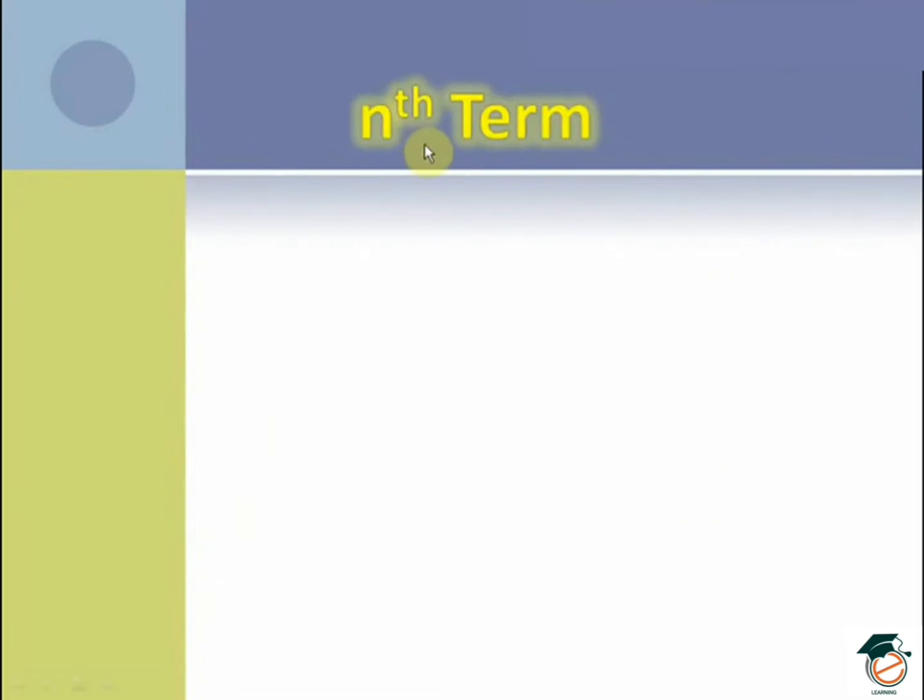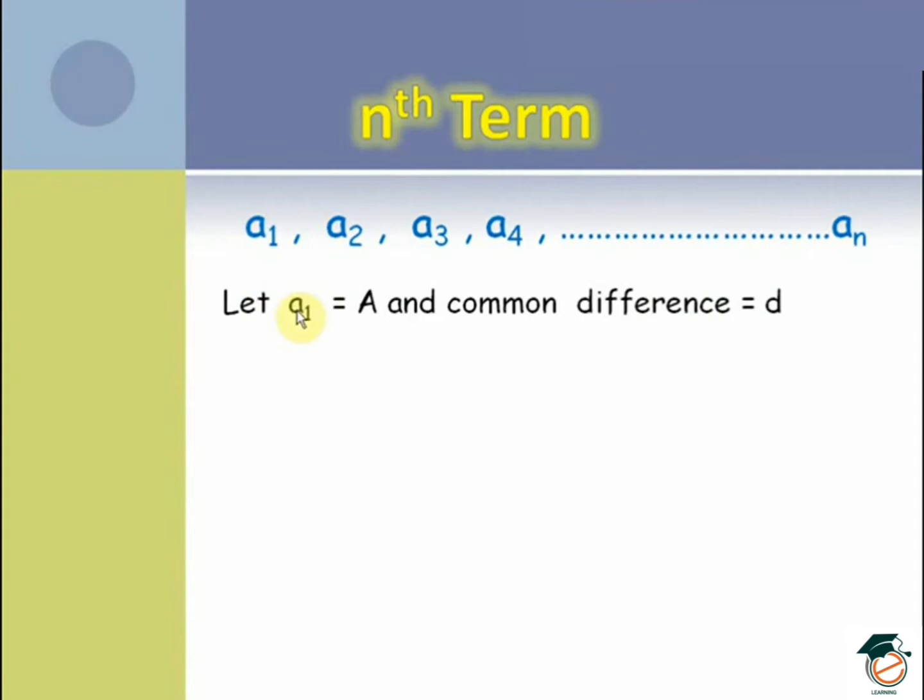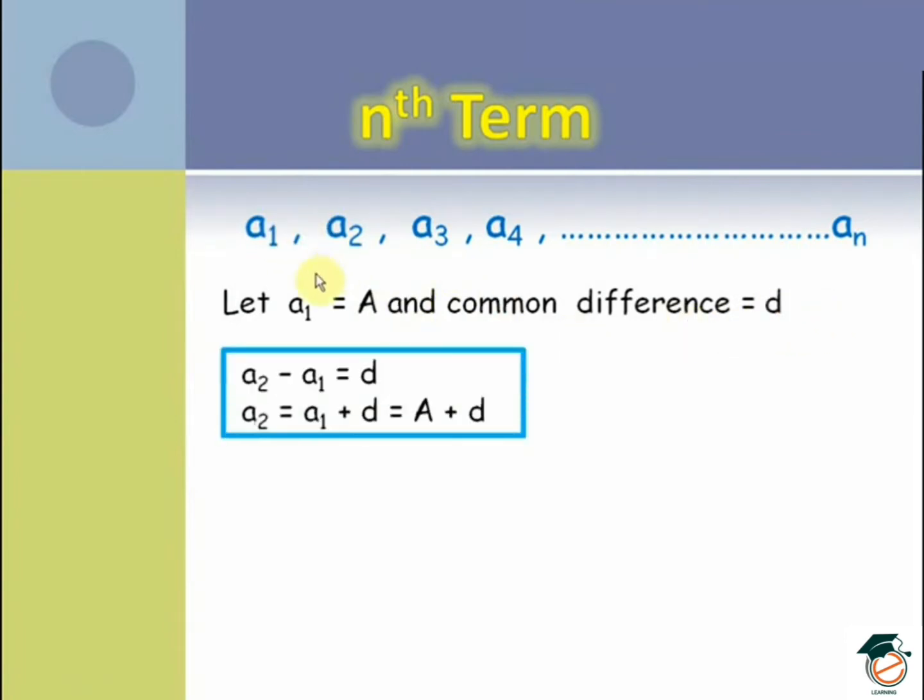Now let's see the formula to find the nth term of any AP. Once again, let's take an AP in which the terms are A1, A2, A3, A4 and so on up to AN. Let us say that A1, the first term, is equal to A, and the common difference is equal to D. So A2 minus A1 would be equal to D. This comes from the definition of an AP.